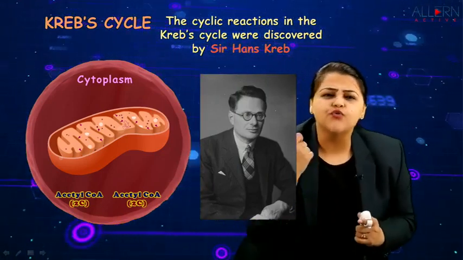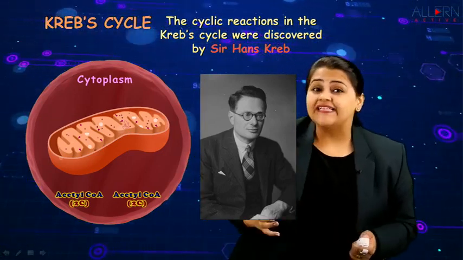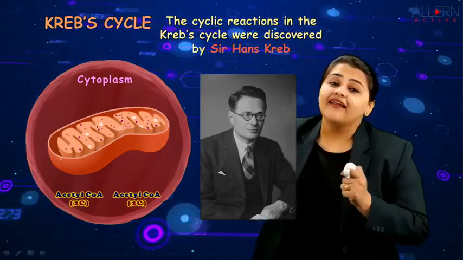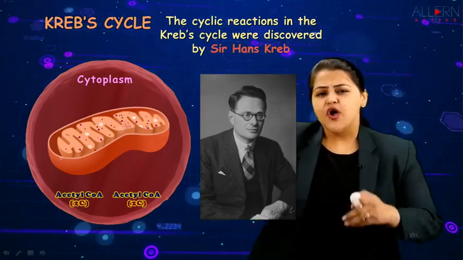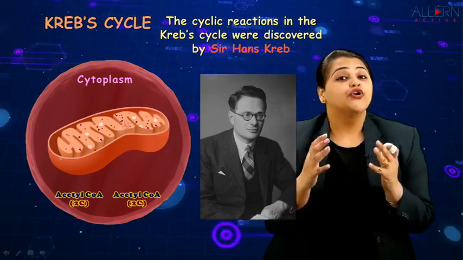But the question is, why is it given the name Krebs cycle? Well, it is because it was discovered by this great scientist, Sir Hans Krebs. And that is why in his honor, we have kept the name Krebs cycle. So salute to him. Today we know what Krebs cycle is.